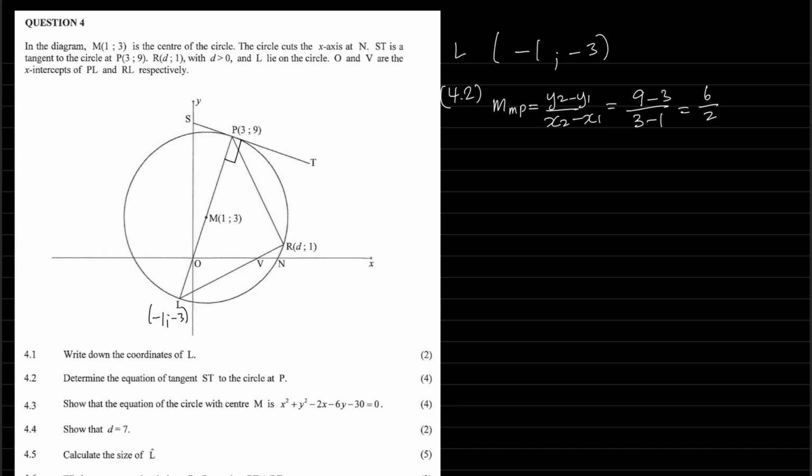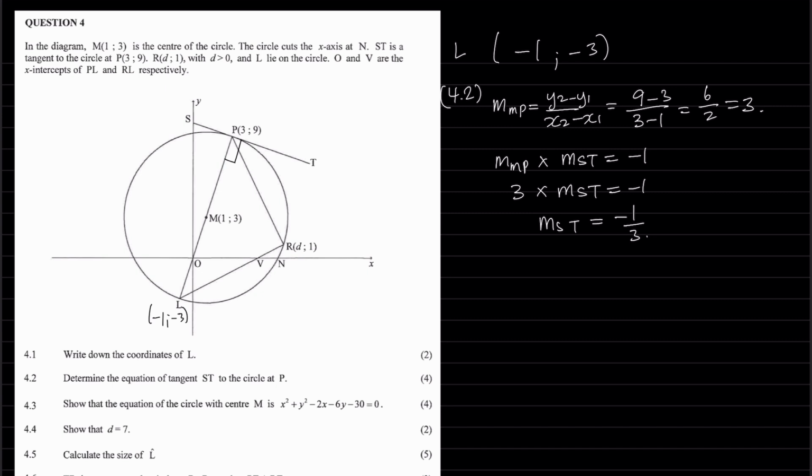That's 6 divided by 2, and that's 3. Now we know that the gradient of MP multiplied by the gradient of ST is equal to minus 1, since they're perpendicular. 3 times the gradient of ST is equal to minus 1. It means that the gradient of ST is equal to minus 1 over 3.